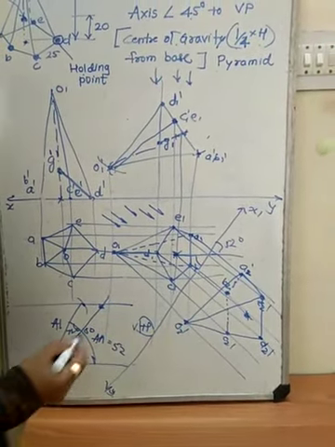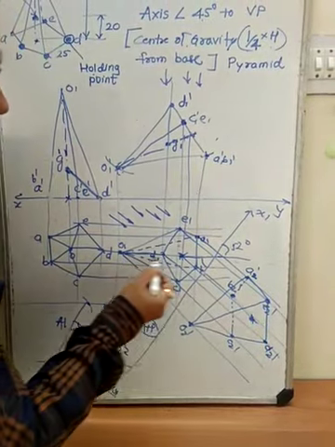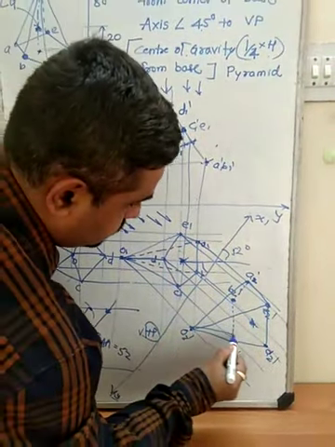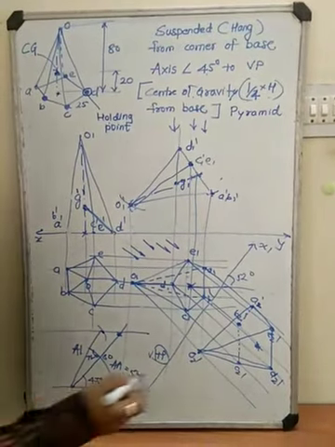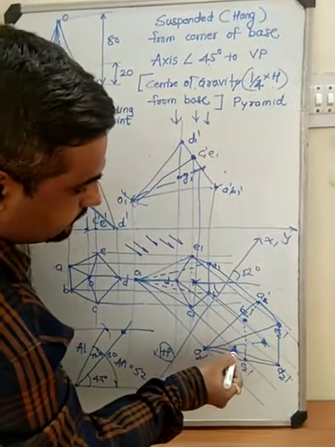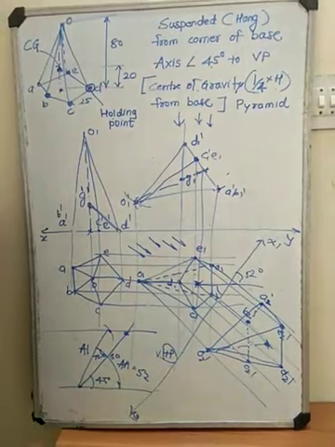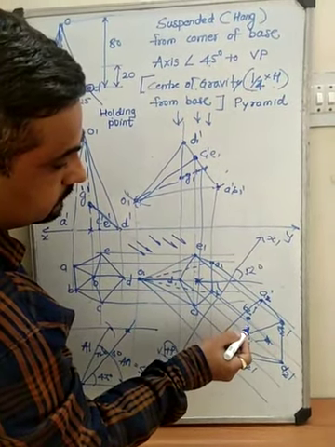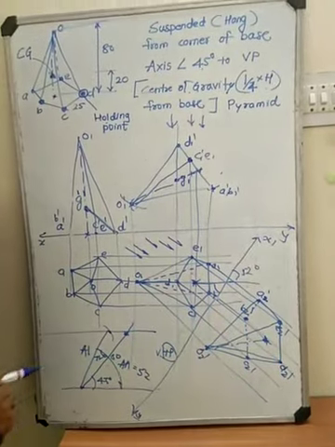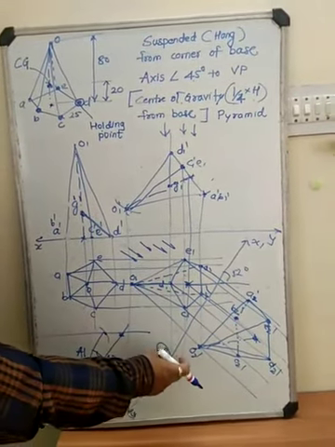Now what about OD? OD is visible, so OD should be dark. So this is your final view and this is the axis. So this is your final answer.